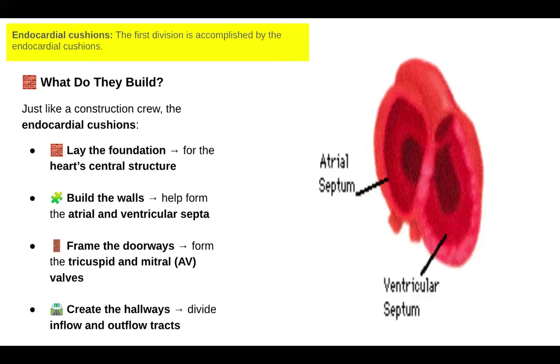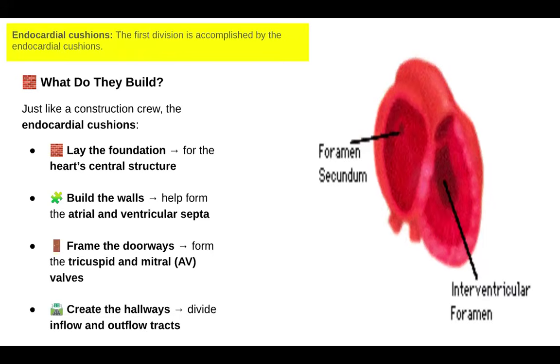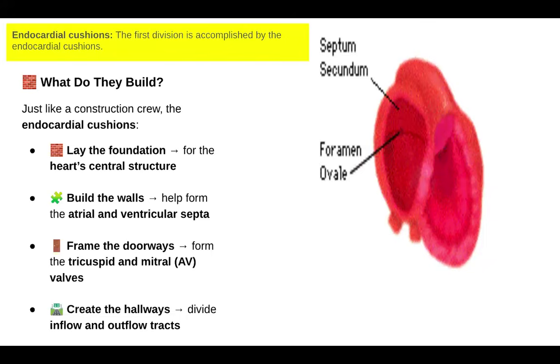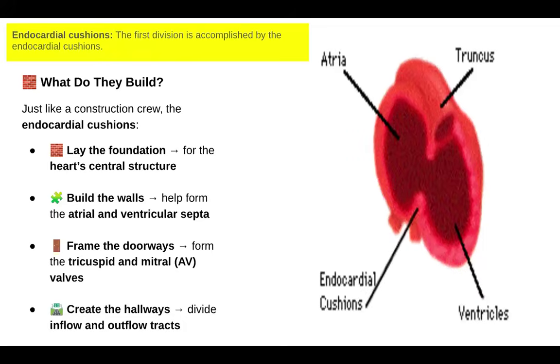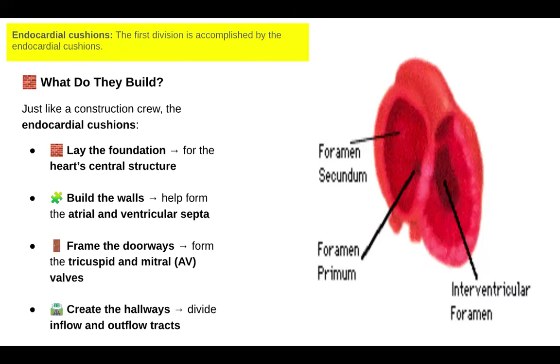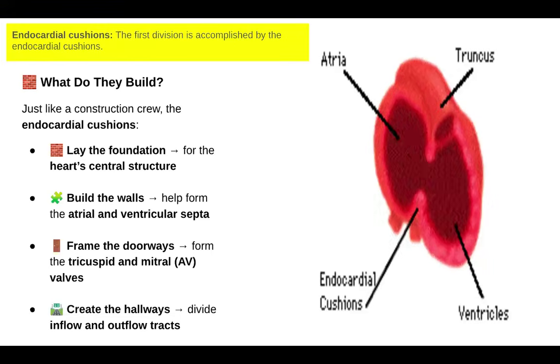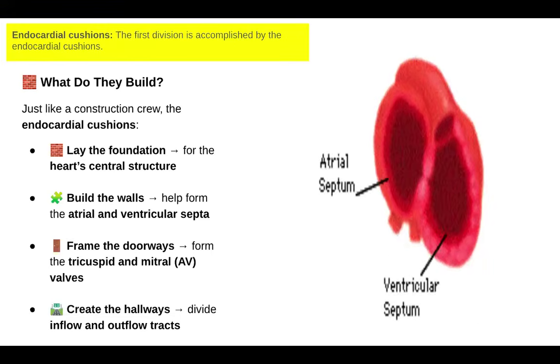So if there is an error in that process, that's where a hole will occur in the center of the heart, where the chambers, the ventricles, and the septum have to meet in the crux. If there's an error, there is no joining of those chambers, and it will lead to a hole in the heart.